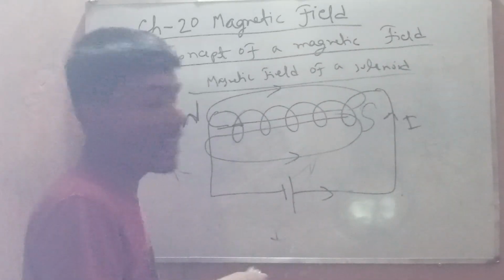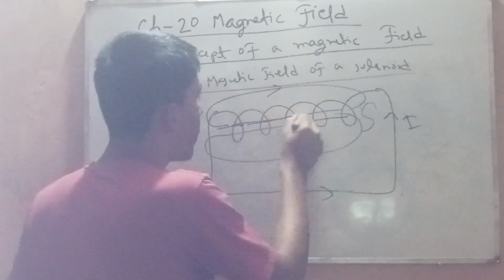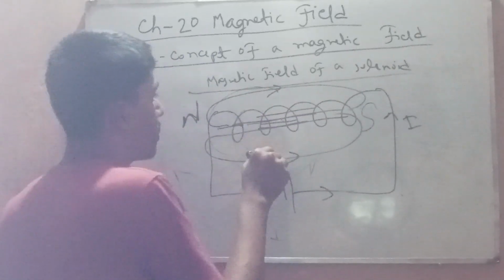The field is strongest inside the coil, because here the field lines are closer than outside.